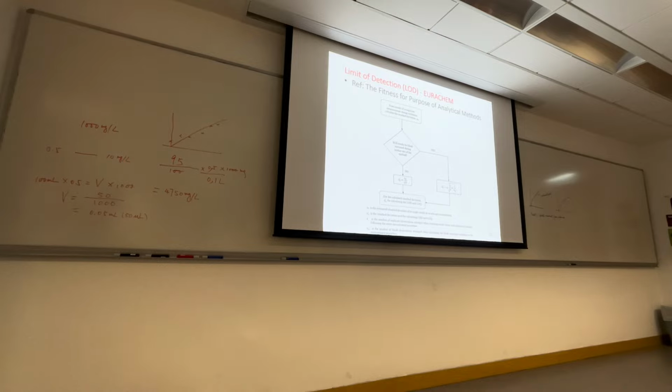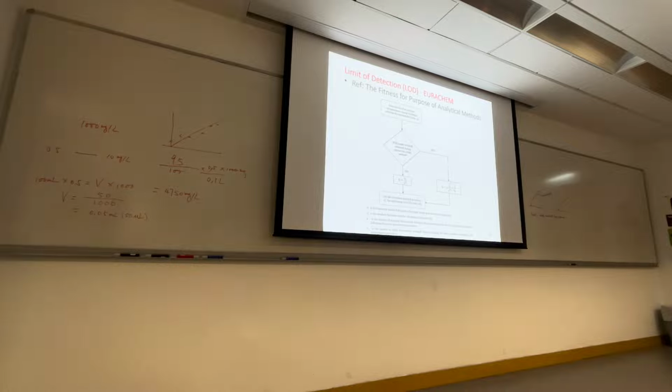By definition, S naught pi should be the same as the real measurement procedure. That is your method procedure. N is the number of replicates you perform for analyzing your sample.